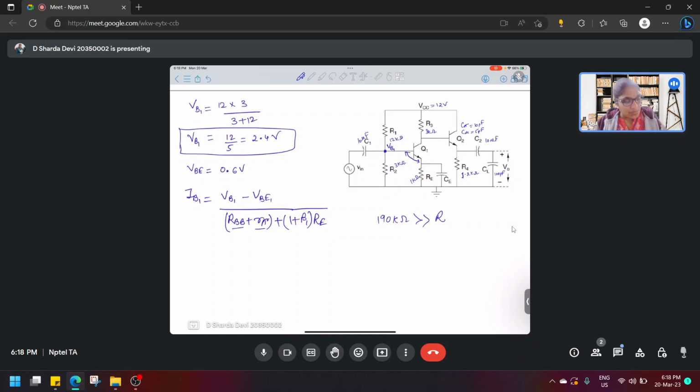So it is much greater than RBB plus R pi. So we can neglect this one and write IB1 as VB1 minus VBE upon 1 plus beta 1 into RE. So it is 2.4 minus 0.6 by 181 into 1 kilo ohm.